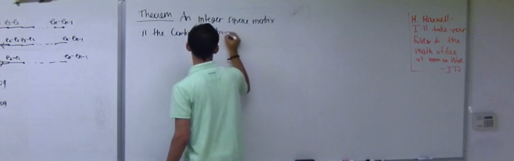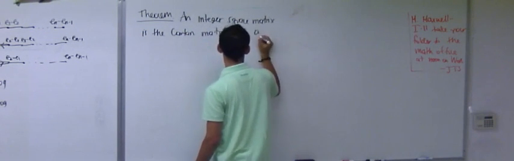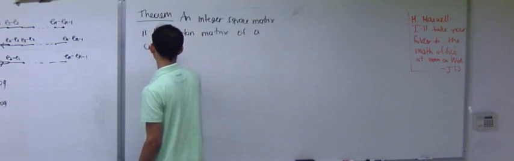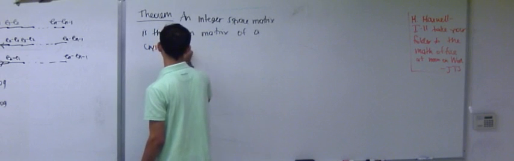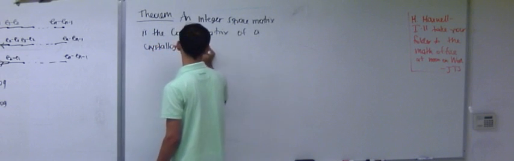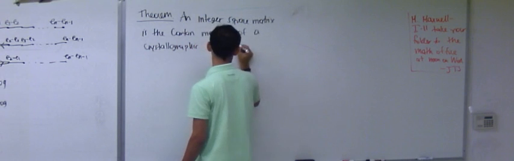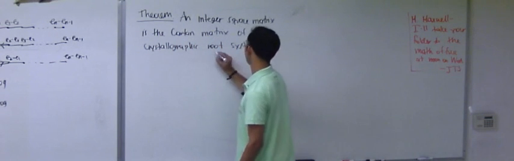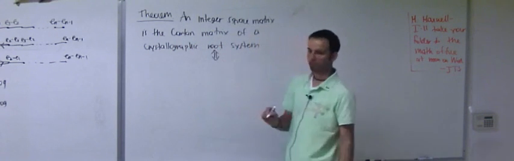An integer square matrix is a Cartan matrix of a crystallographic root system if and only if the following conditions hold.